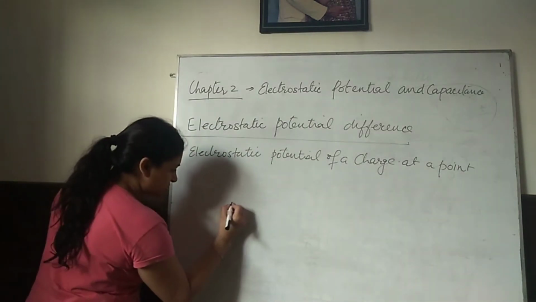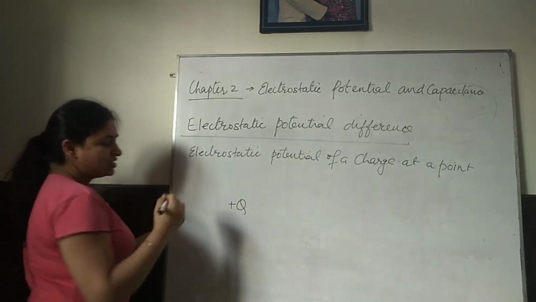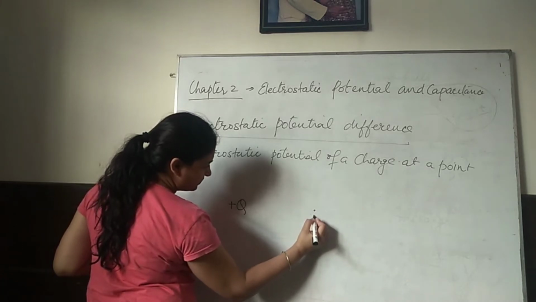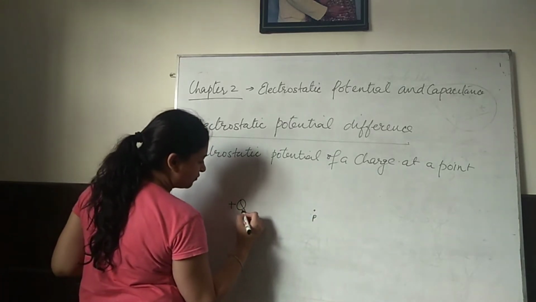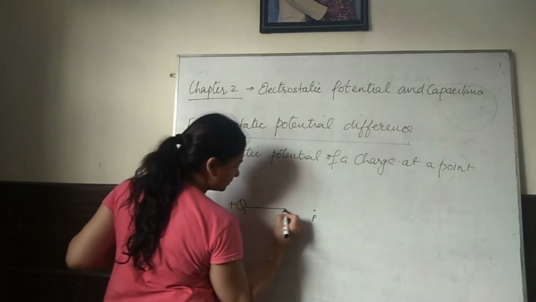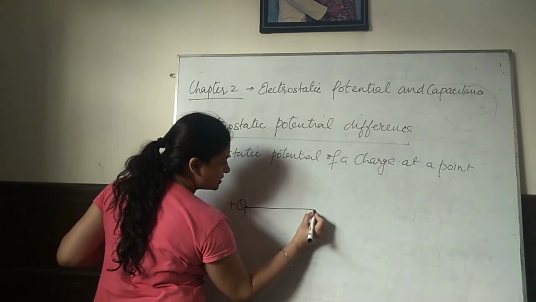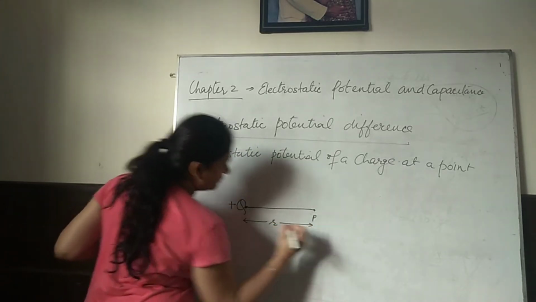Again, we are going to consider a charge. Suppose I want to find out the potential at this particular point, P. Let us consider this point P is at a distance R from the charge. This is the test charge.